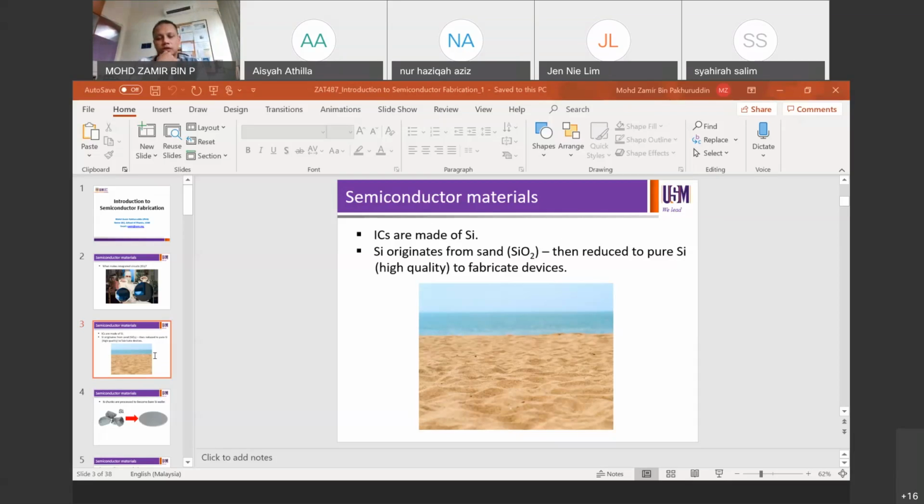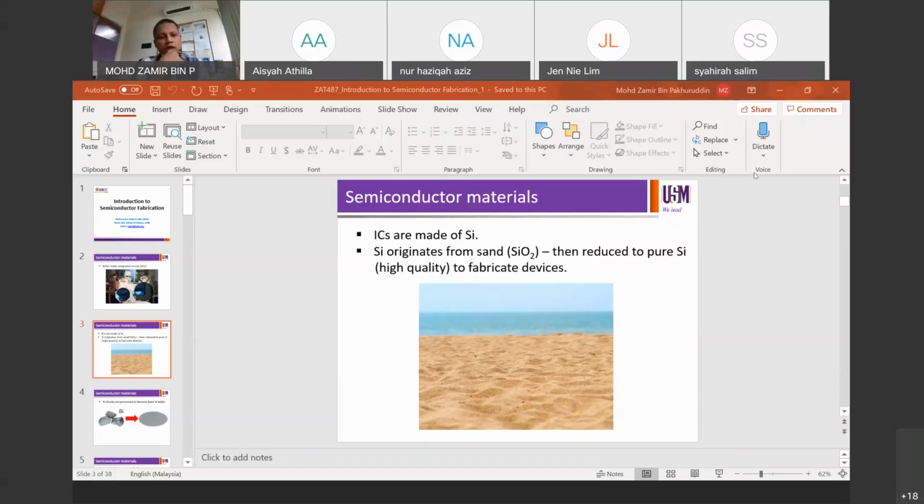So that means in order for you to have a functional integrated circuit, you have to have a very good purity of silicon. And on the other hand as well, it also means that silicon solar cell is more defect tolerant if you compare to integrated circuit.